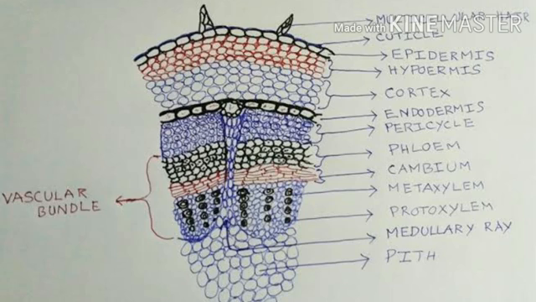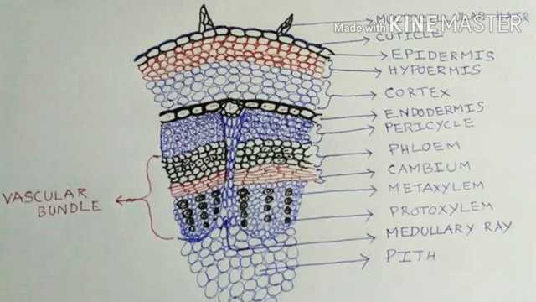Then after the epidermis, there is a hypodermis. You are observing here, the hypodermis is a 4 to 5 cell thick layer of collenchymatous cells, and it is just below the epidermis.